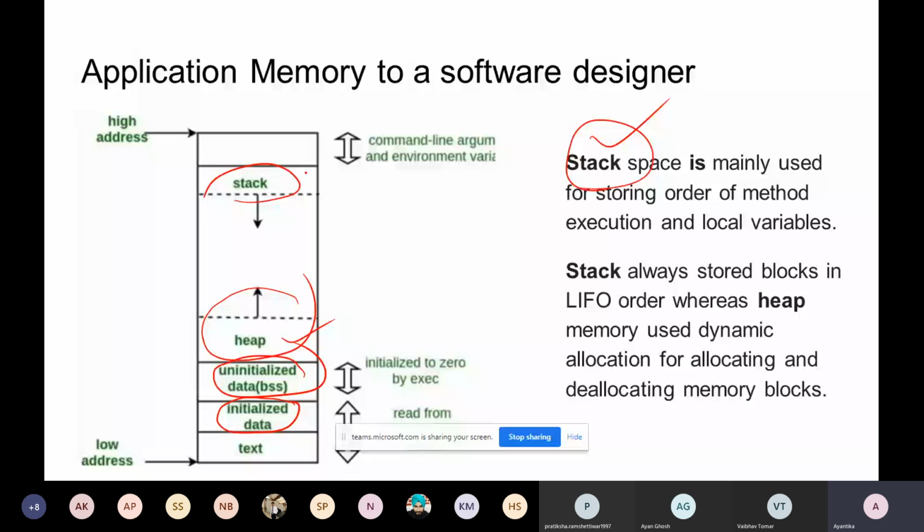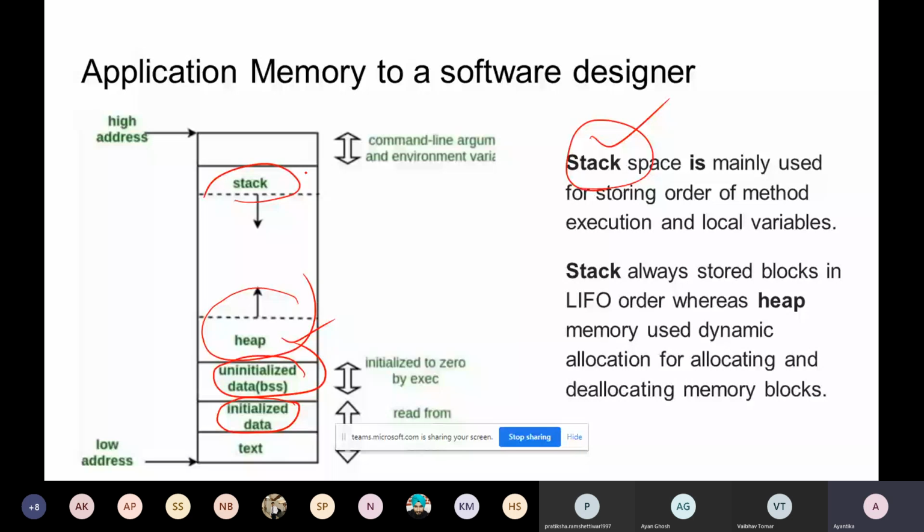As a software engineer, that is the application memory view only, that is known to me. Basically, we work as a software designer only in these parts.